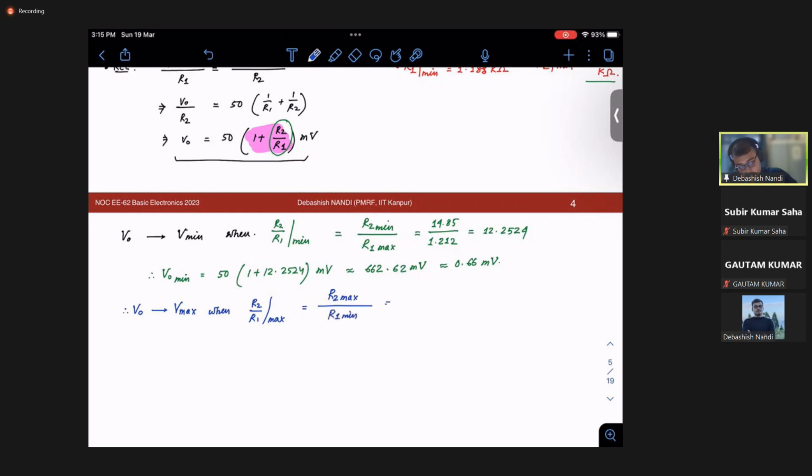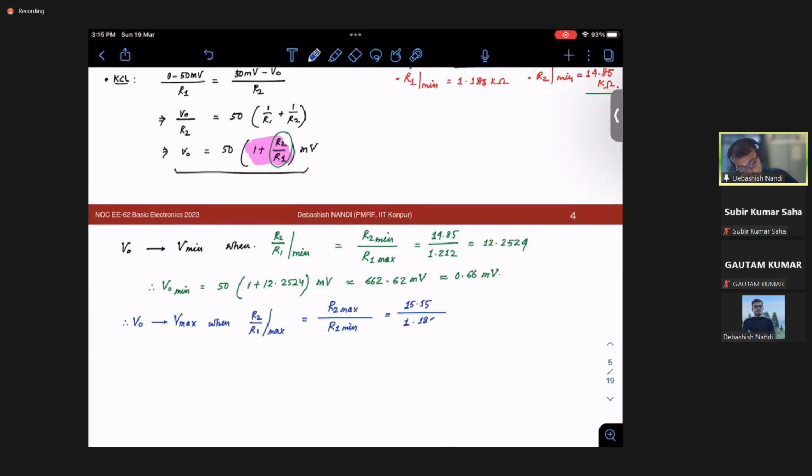That is 15.15 over 1.188, if I am right. So it is coming out to be 12.7525. Similarly, you can find V0 maximum as 50 times 1 plus 12.7525, and that comes out to be 687.6 millivolt.